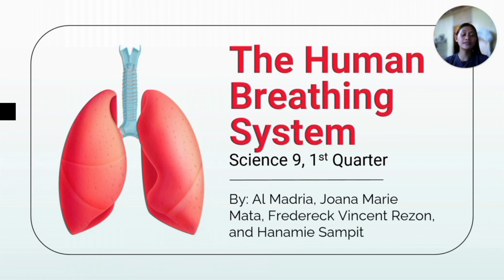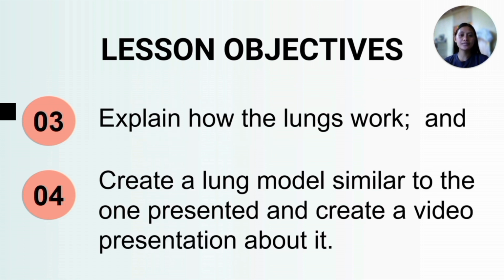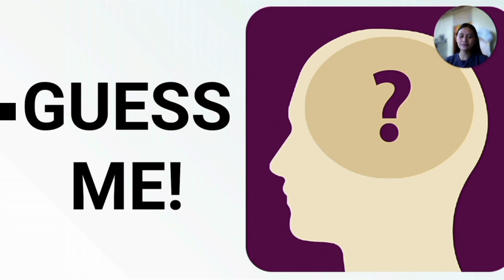This is the human breathing system. At the end of the lesson, you are expected to identify the key parts of the breathing system, describe their functions, explain how the lung works, and create a lung model similar to the one presented and a video presentation about it.